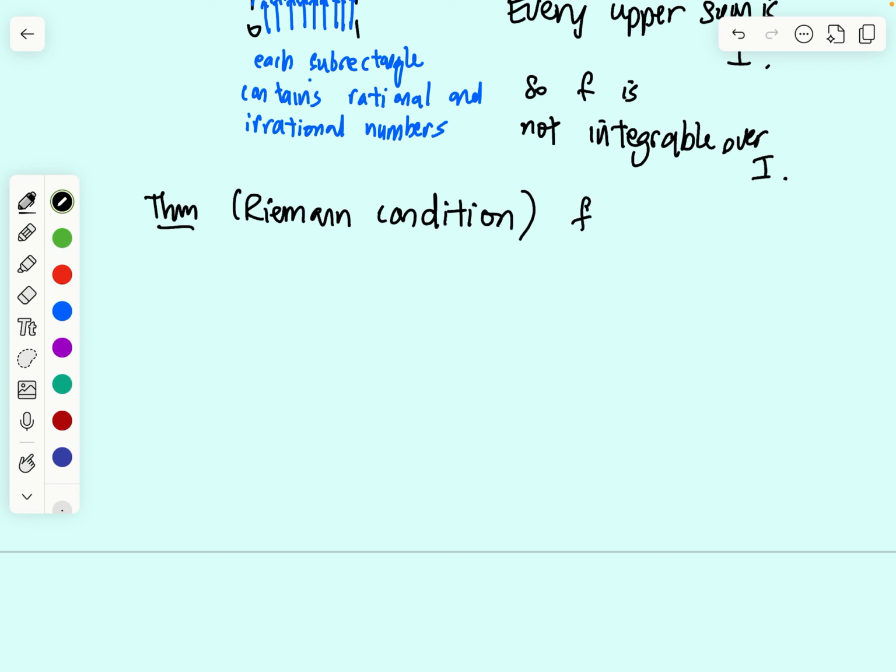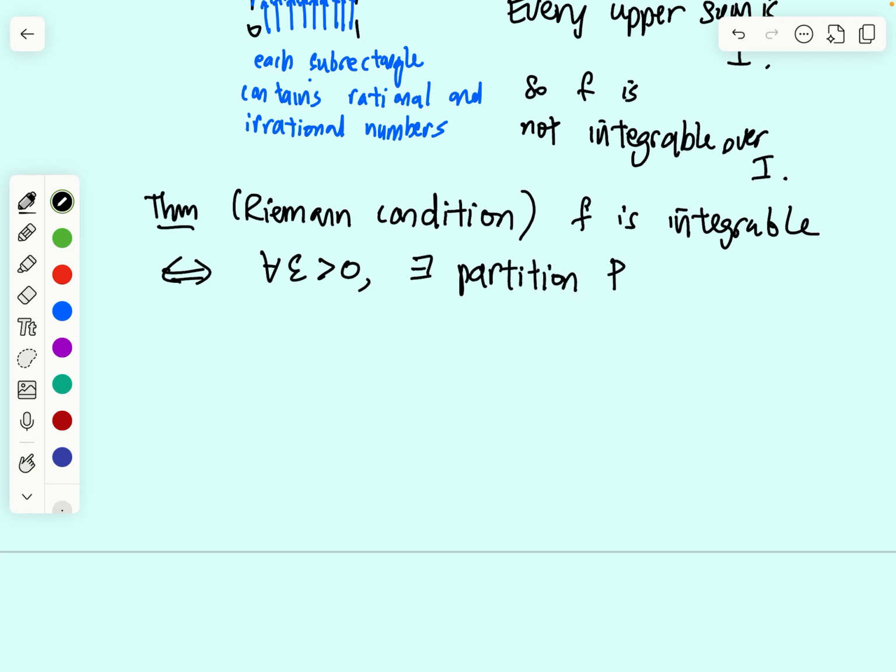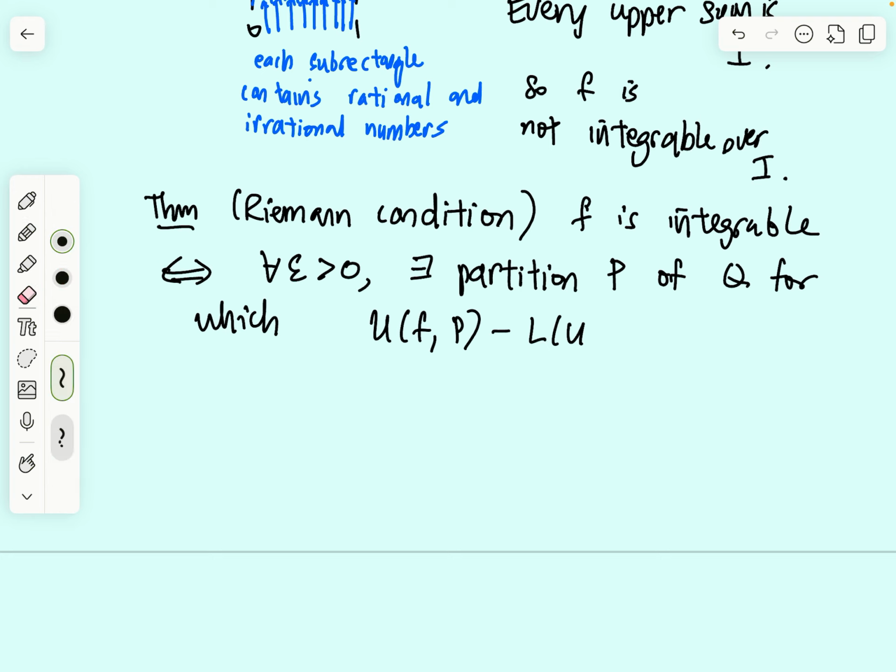Then f is integrable if and only if for every epsilon greater than 0, there exists a partition P of Q for which the difference between the upper sum and the lower sum is less than epsilon.